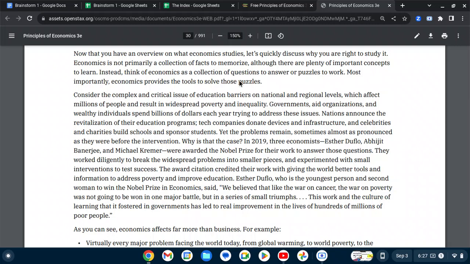Esther Duflo, who was the youngest person and the second woman to win the Nobel Prize in economics, said, "We believe that like war on cancer, the war on poverty was not going to be won in one major battle, but in a series of small triumphs. This work and the culture of learning that it fostered in governments has led to real improvement in the lives of hundreds of millions of poor people."